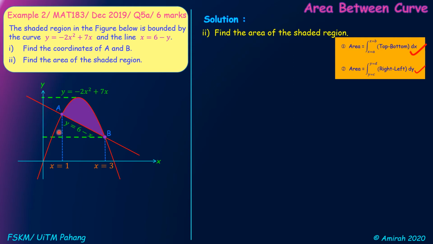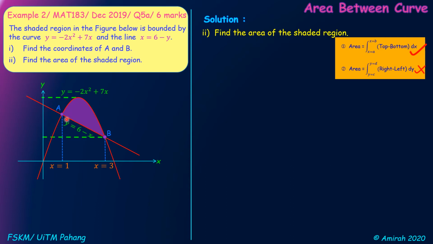In this case, finding the area using the second formula, where we integrate with respect to y, is not suitable, since the upper limit on the y-axis is not an intersection point.